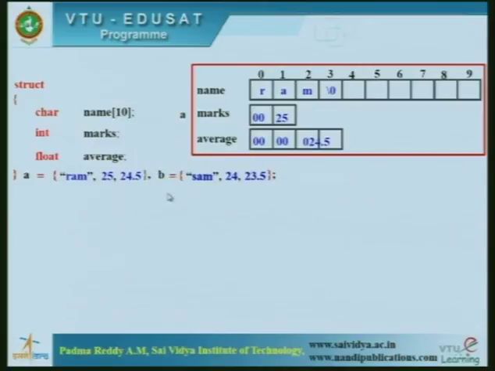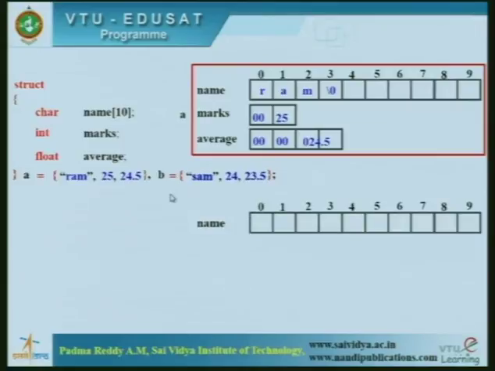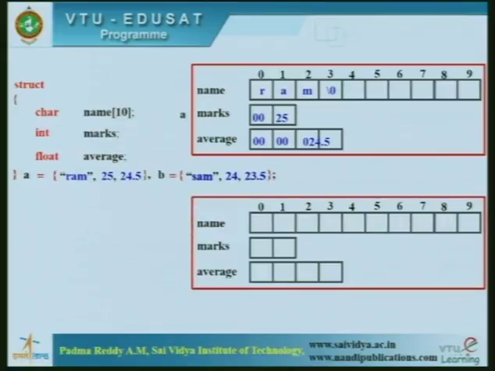Now similarly for b also the memory will be allocated: name, marks, as well as what? Average. Now for the entire set of memory locations, the name given is what? B here. Next, if you observe, the name Sam will be copied into the name field, and the string always ends with what? The null character.